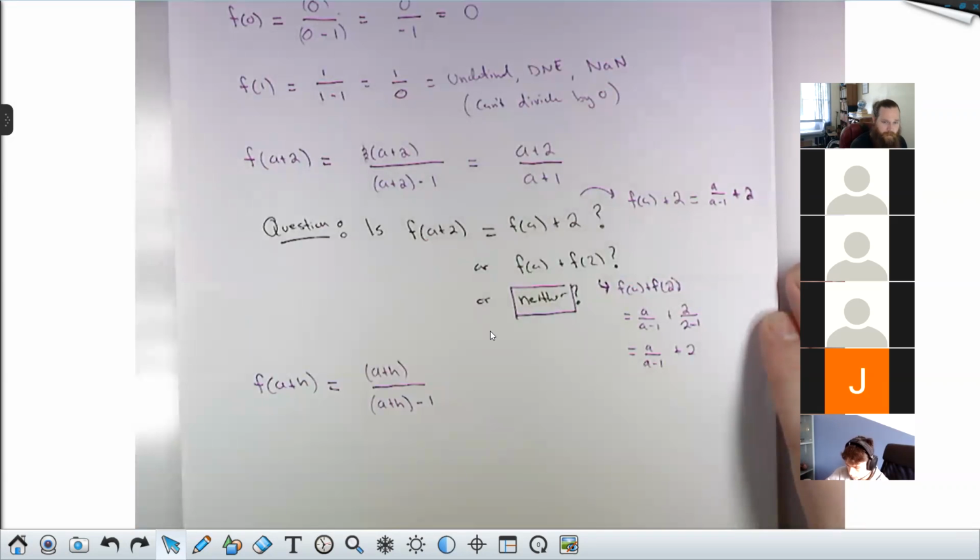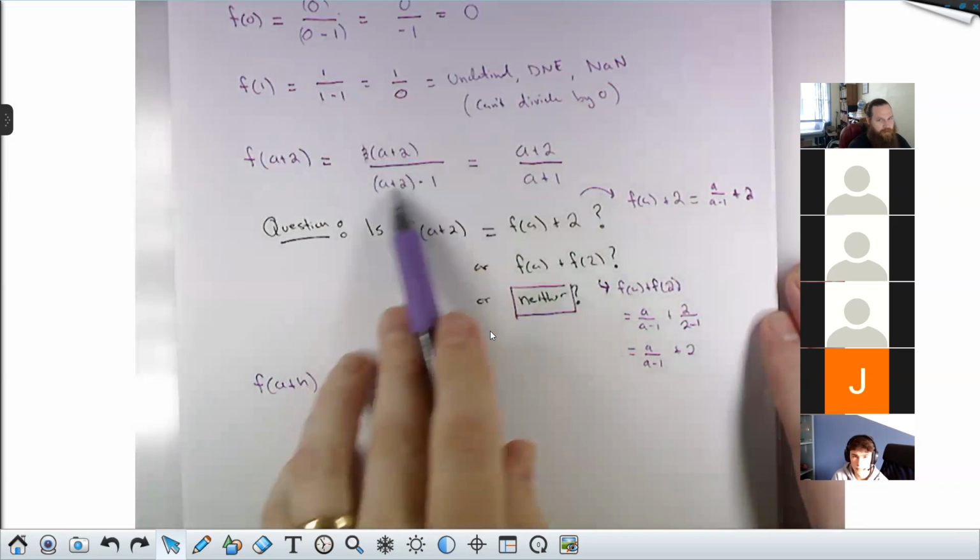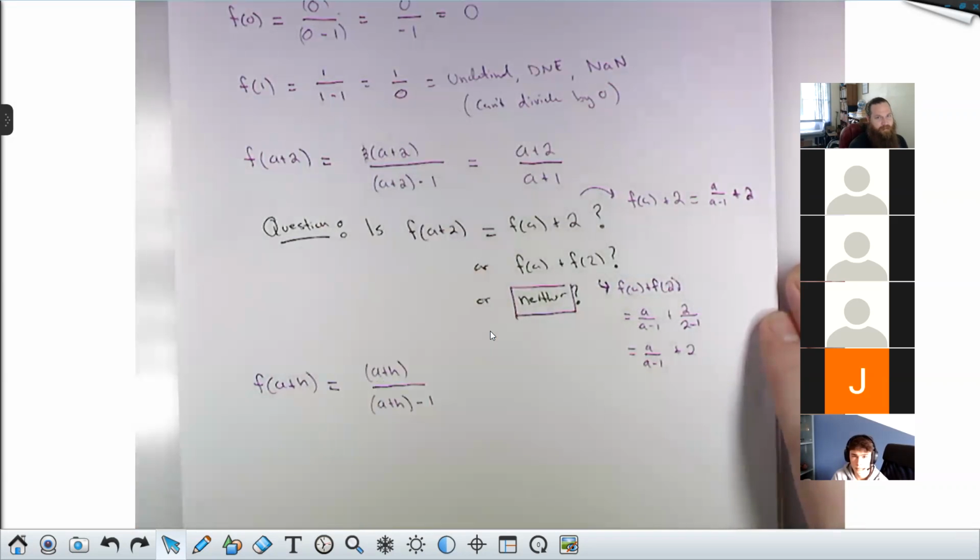And is there some simplification I can do here? Fun question, can I cancel the a plus h's? Yes, you can, I thought. So the answer here is no.